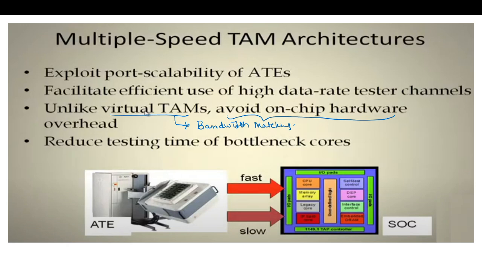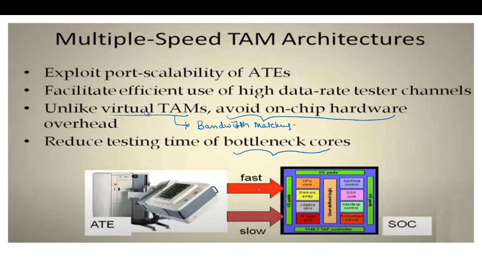So the multiple speed TAM architecture does not require any on-chip hardware overhead, and this reduces the testing time of the bottleneck cores. So we will see how we are going to reduce the time for these bottleneck cores.